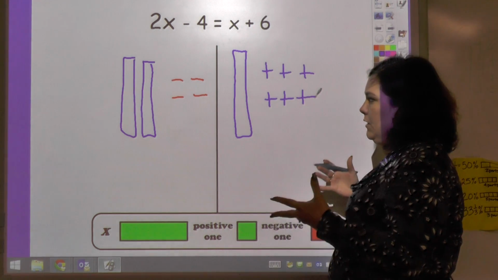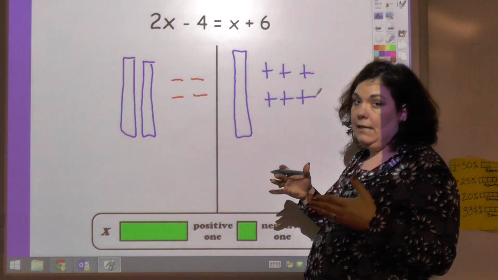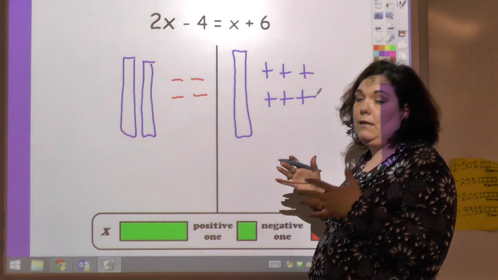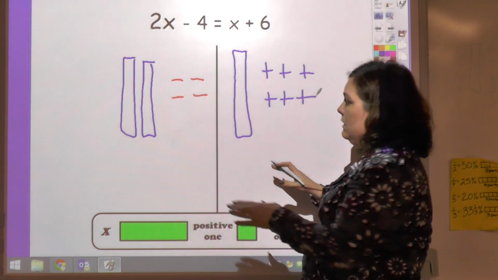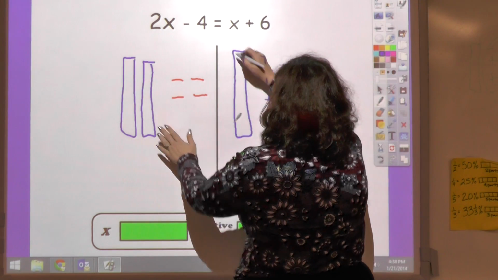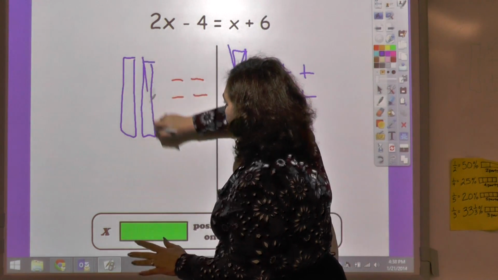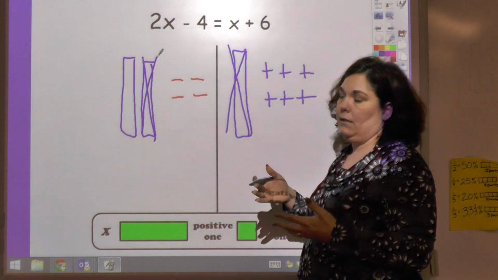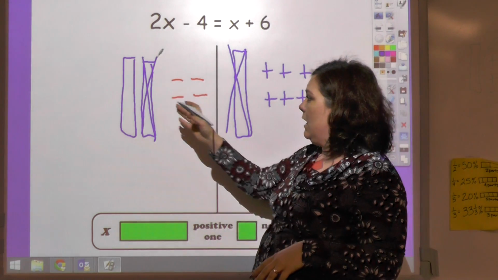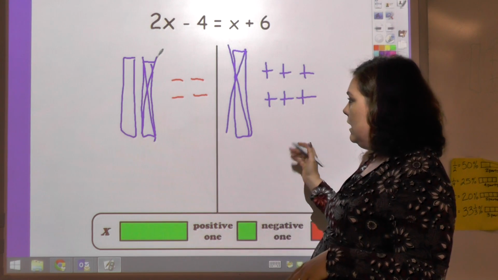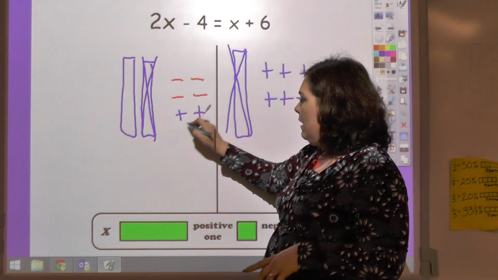Okay, now the first thing you can do is you can look at the x's and see if there's anything that cancels out. So since these weigh the same, you can just cross them out from both sides. Now you have 1x. And so now this looks like x minus 4 equals 6. And you would solve it just that way.